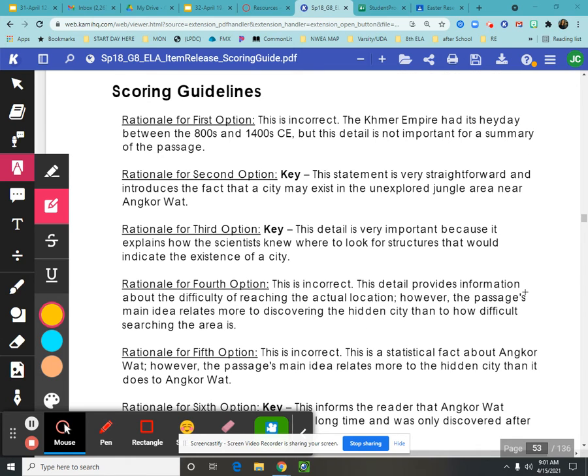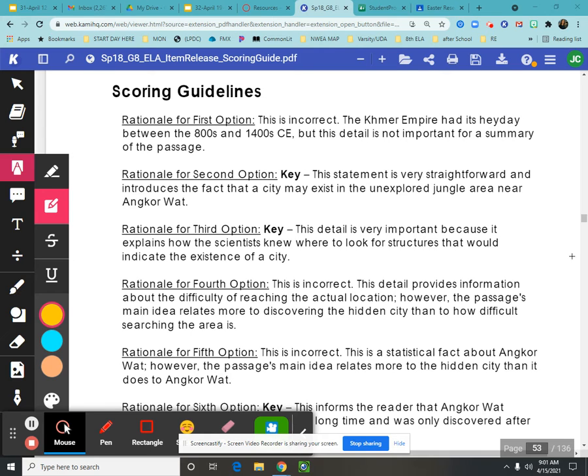I did. Woohoo. All right, so let's look at the rationale. So I'm going to go through all of these since everybody had all of them. We had a hand up for everything. So we'll go through the right answers first.